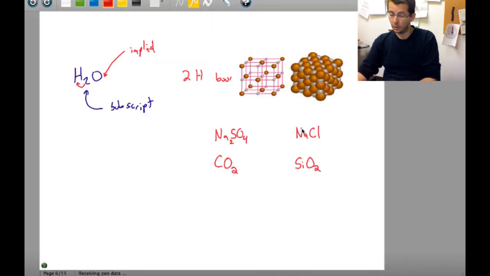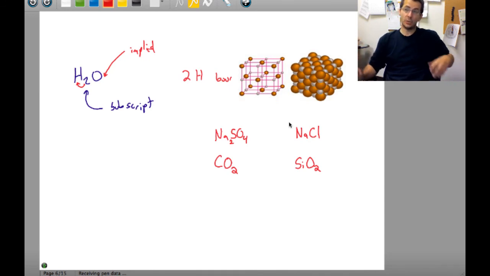Ionic compounds like sodium chloride exist as aggregates of huge numbers of sodiums, completely balanced by huge numbers of chlorines. So they exist as huge aggregates of atoms, but the ratio is always 1 sodium to 1 chlorine.